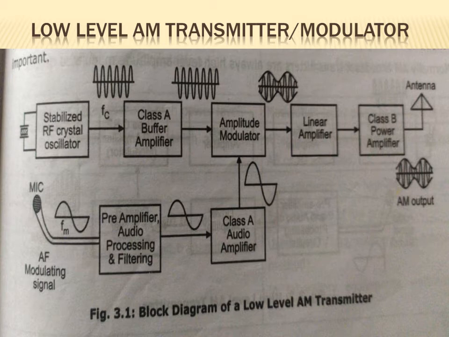Next, the amplified modulating signal and the amplified carrier signal are applied to the amplitude modulator. The modulator performs the modulation process and generates the AM wave at the output. This AM signal is given to the linear amplifier.